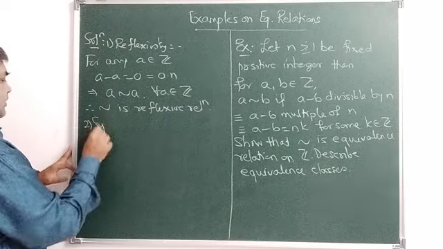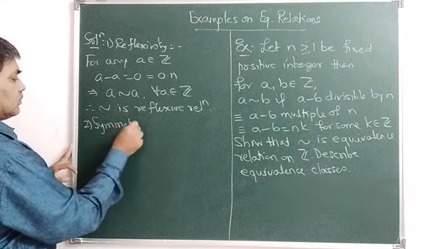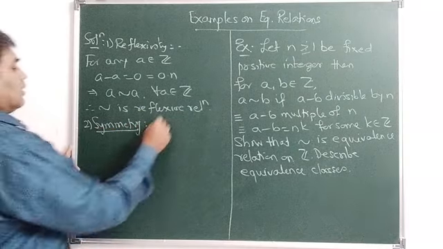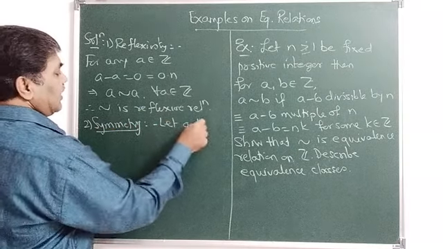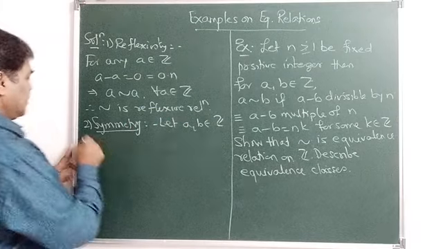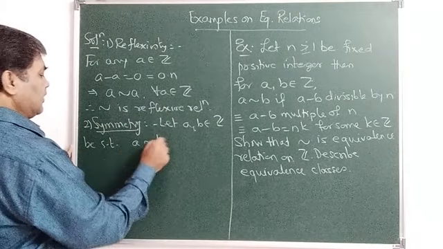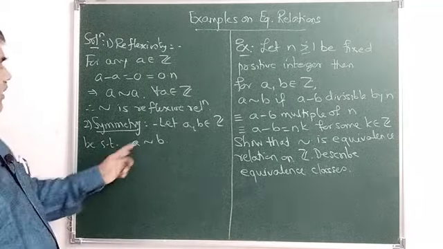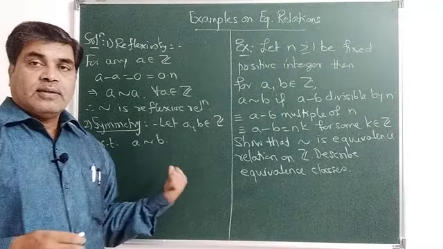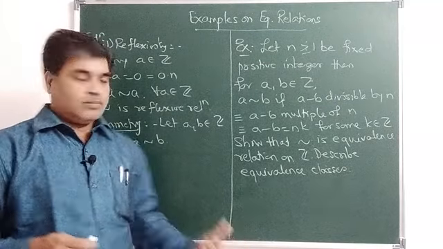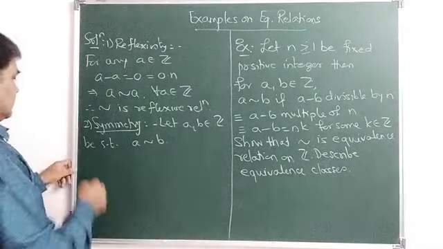Second, symmetry. Let a, b belongs to Z be such that a is related to b. For symmetry, we have to show that whenever a is related to b, then b must be related to a.